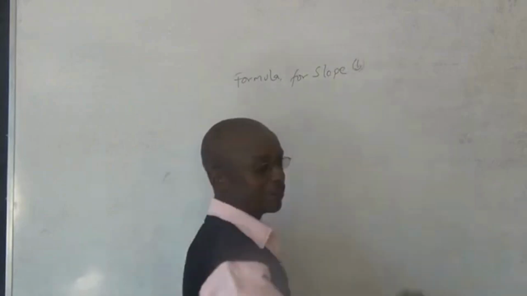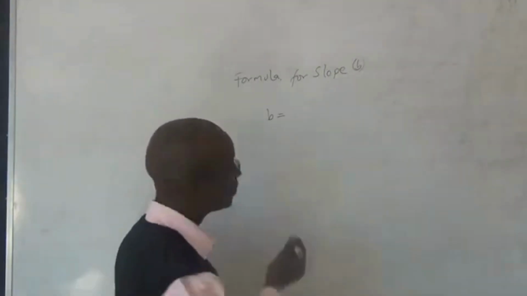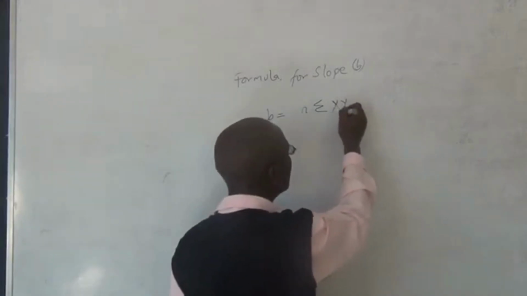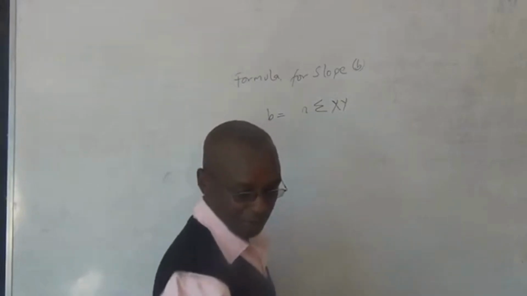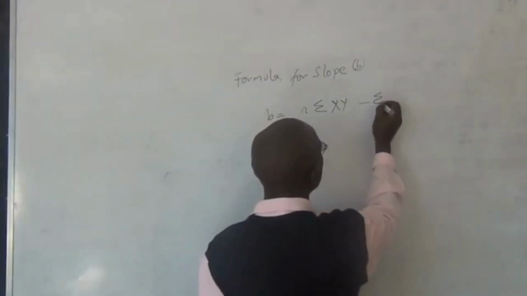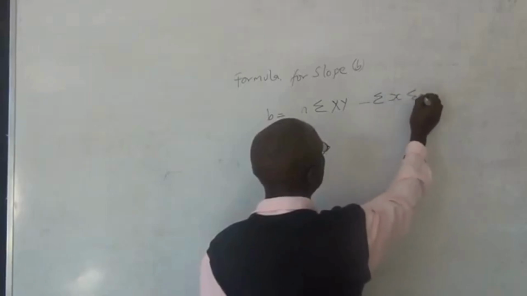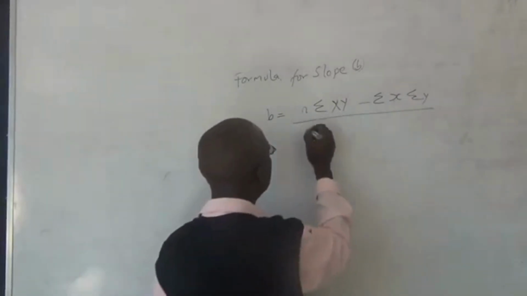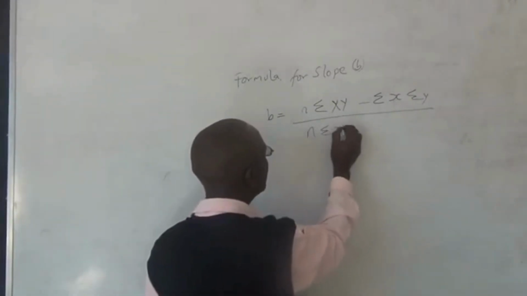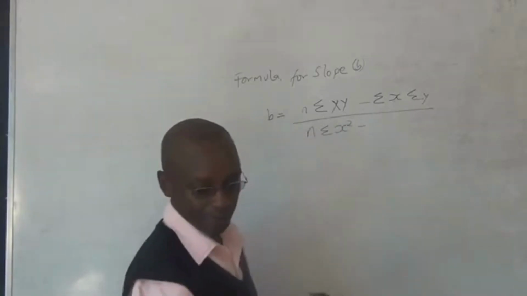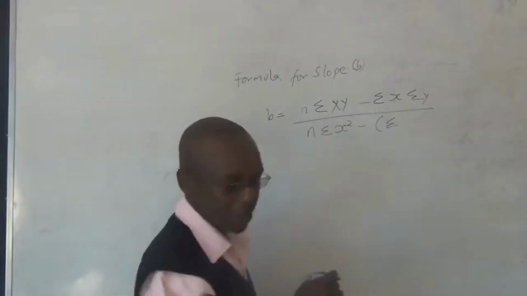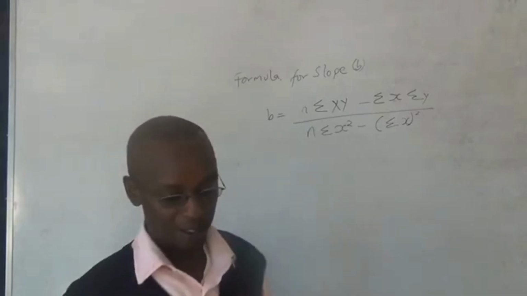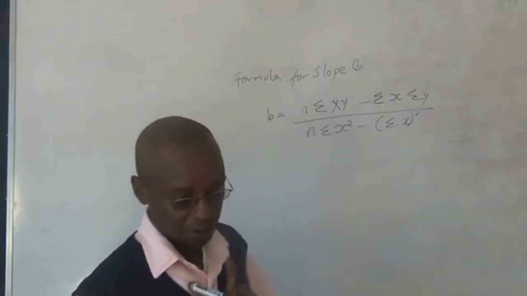This is B. So B is n summation of xy minus summation of x summation of y divided by n summation of x squared minus summation of x, squared. Like that. That is the formula for slope.